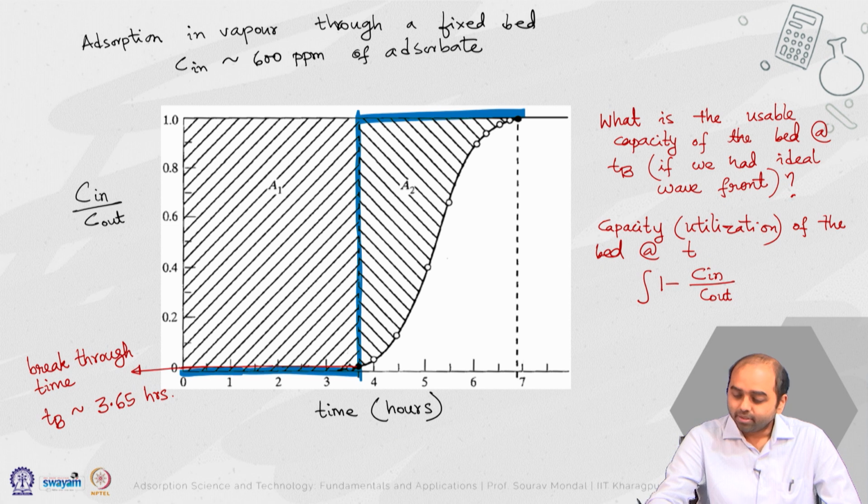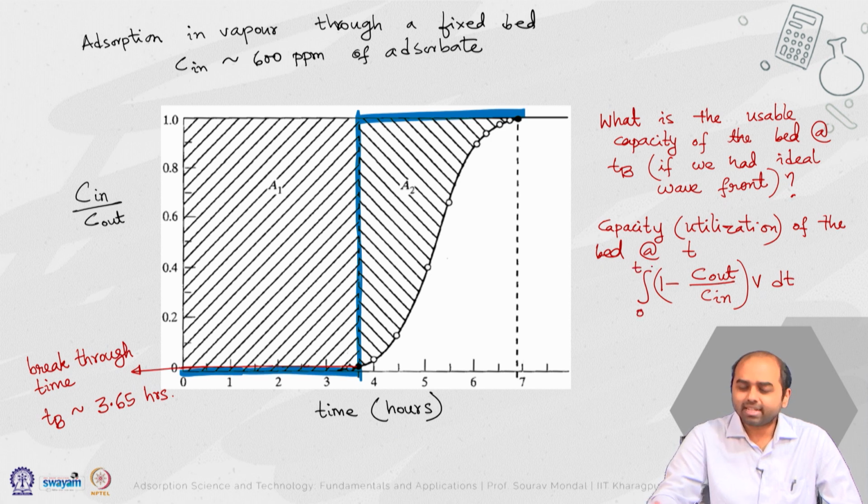Sorry, this would be 1 minus C out by C in, of course multiplied with the volume with respect to time, 0 to time. So this is like the amount of the adsorbate species that is actually removed over this time. So this is essentially what is contributed.